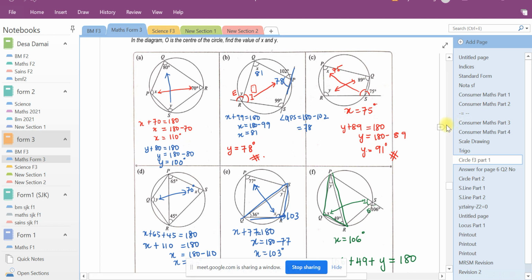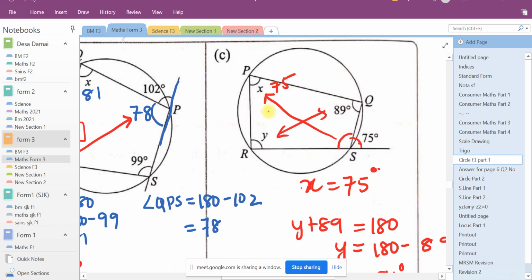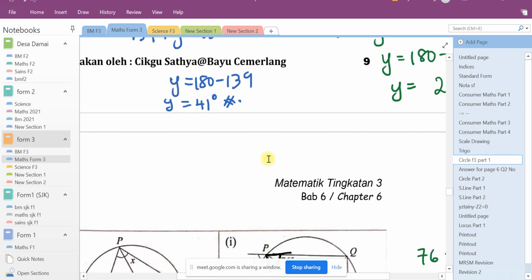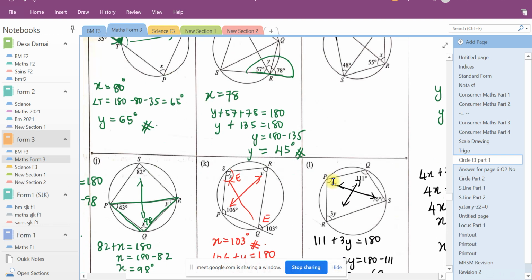And if you see this question, the quadrilateral line must be extended in a straight line. If this is 75, then you go inside and the opposite will be equal to 75. That's how we do this. But it looks like something is missing in that question.